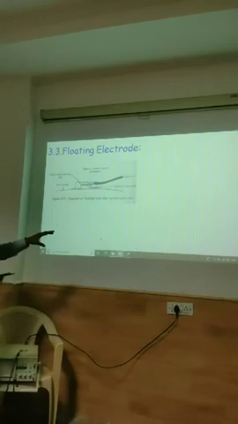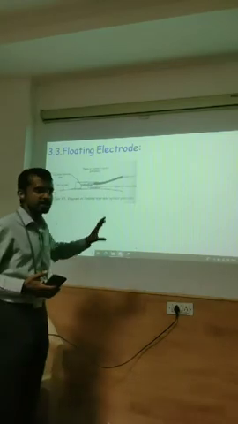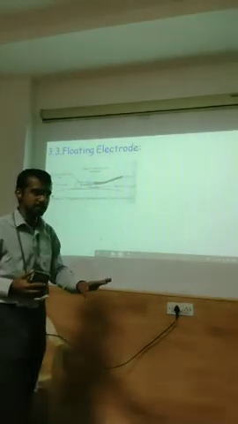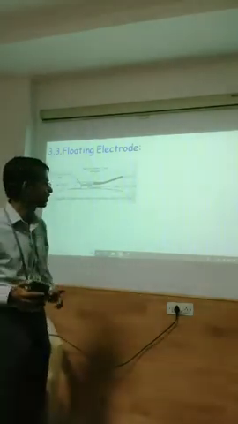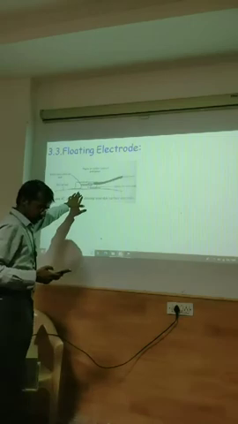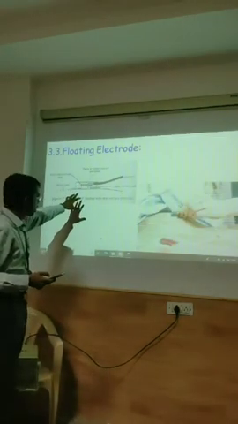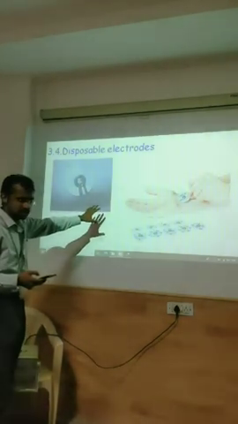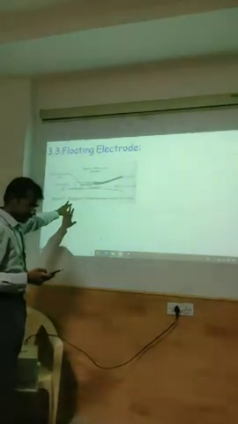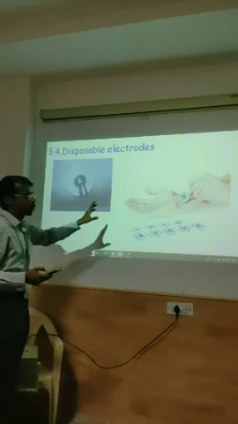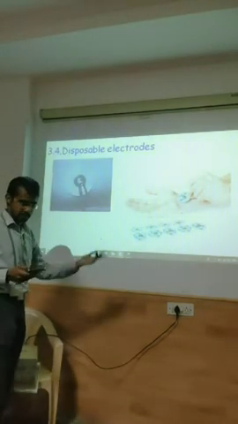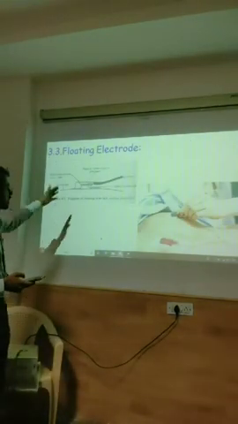Then the next one is called floating electrodes. See, floating electrodes and disposable electrodes are almost 95% the same. There is only one thing that differs. The construction is also the same. The only difference is that the previous one is one-time use, and if it is multi-time use, it is called a floating electrode.